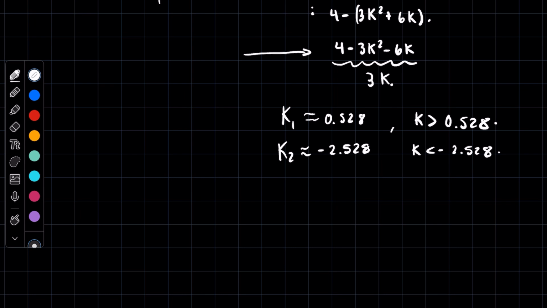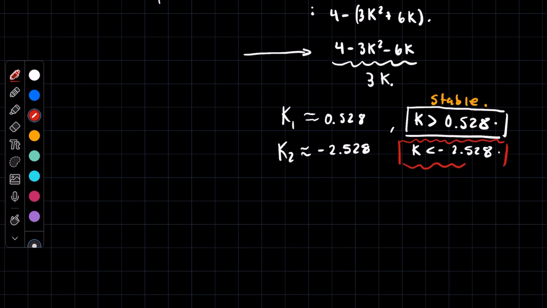The one that's going to result in a stable system is the positive value, because we're not going to get any sign changes within the array itself. So this here would be stable, whereas this one here at the bottom would result in a sign change. It would cause oscillations or even diverge and is unstable.